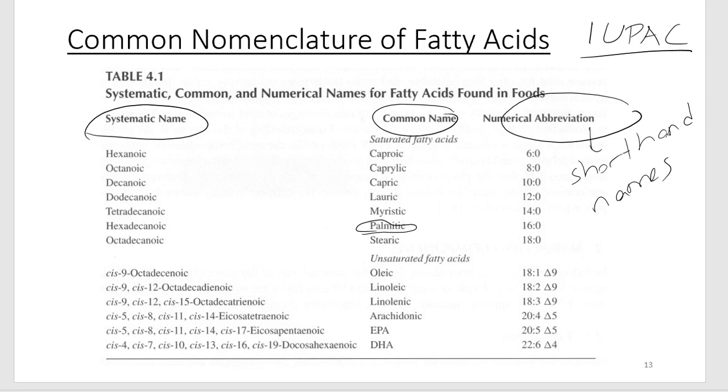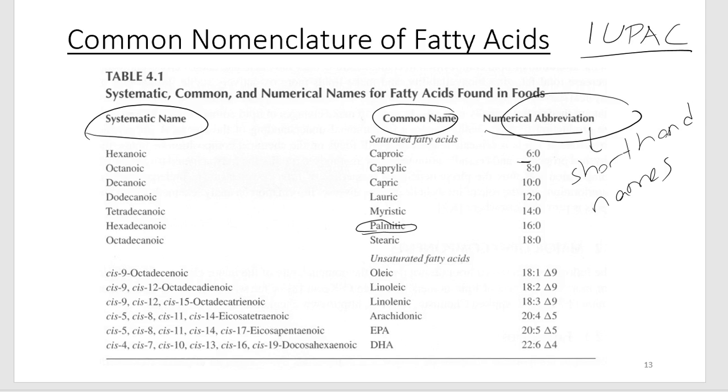Let's look at the numerical abbreviation here. It shows two things. The first number in the numerical abbreviation shows the number of carbons. That means there are 6 carbons in that hydrocarbon chain.